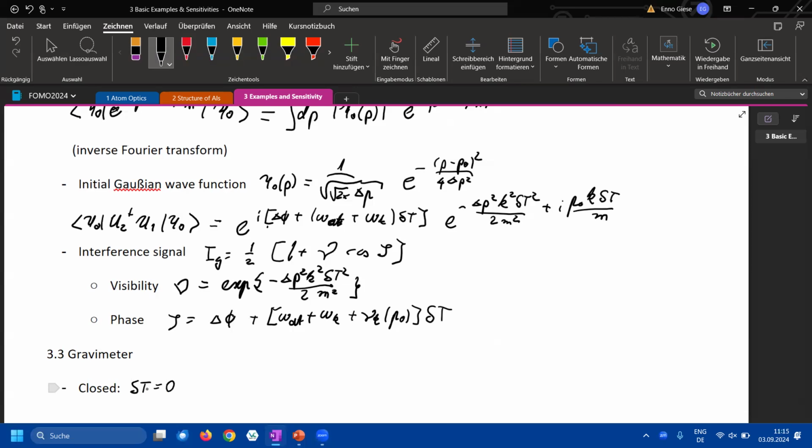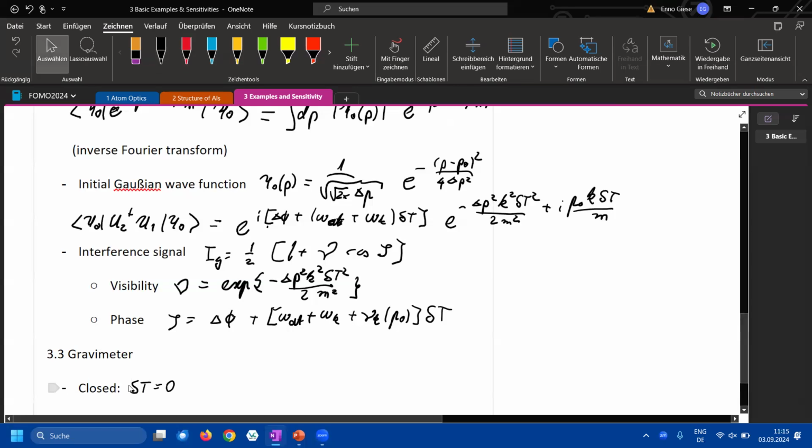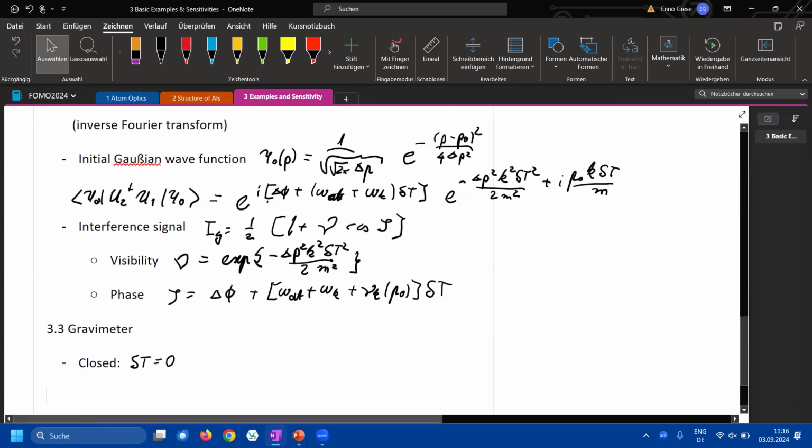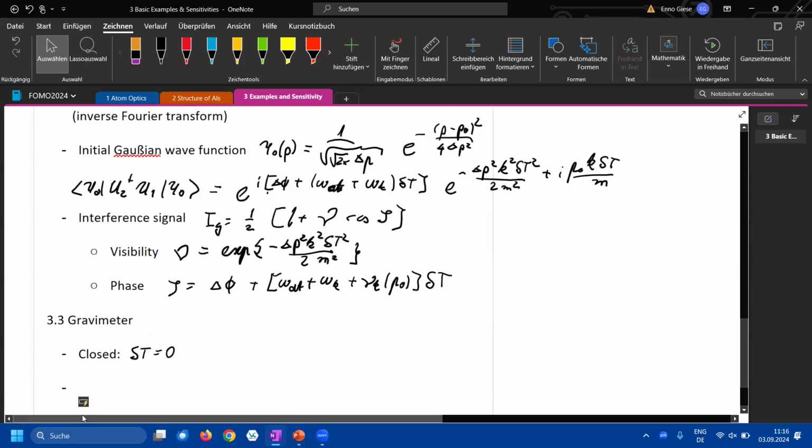And actually, when you have constant forces, the same force on both arms, it doesn't modify this closing condition. So you can always go to a joint freely falling frame for both arms, and then it looks like the free system. We will now calculate the phase that arises from the Hamiltonian, and now somebody just asked the question, what about the Z dependence? And we will include the dependence because we now have a gravimeter.